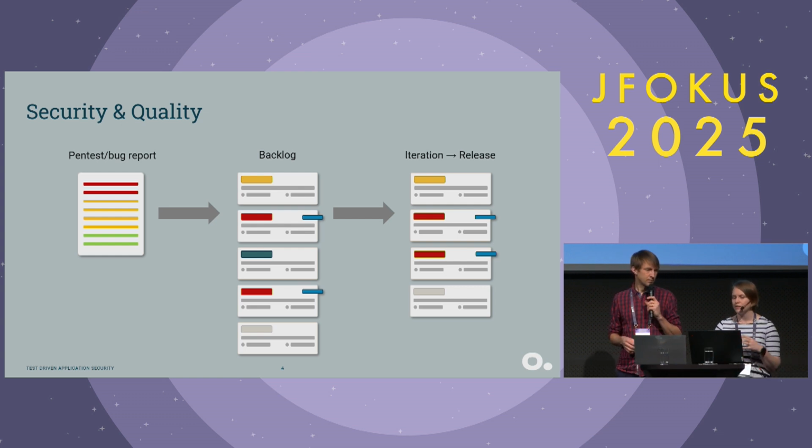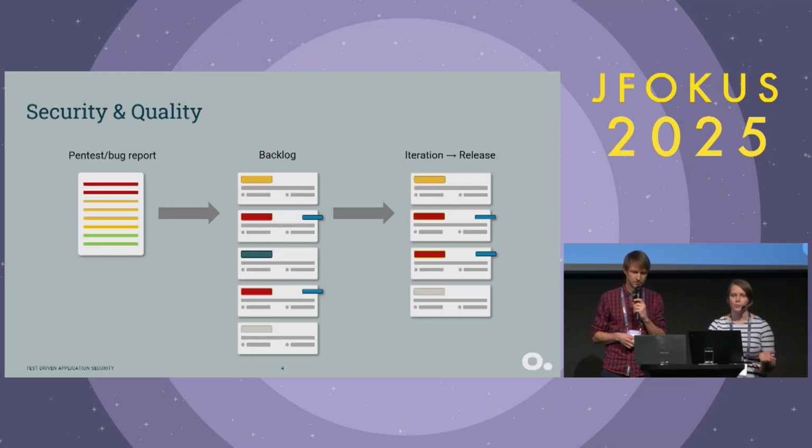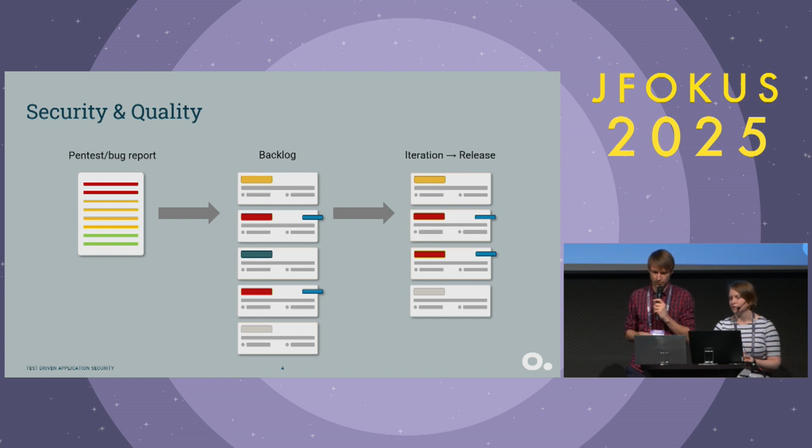The traditional bugs of our functional flow will probably be reported back to us by our users if something doesn't work. But a security bug probably won't be reported, and any malicious attacker or user that exploits it will probably go undetected because intrusion detection is really hard. So the vulnerability will stay open in production for a really long time, maybe until someone does a penetration test next time.